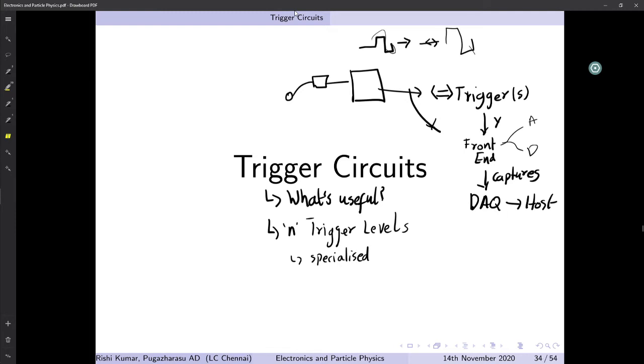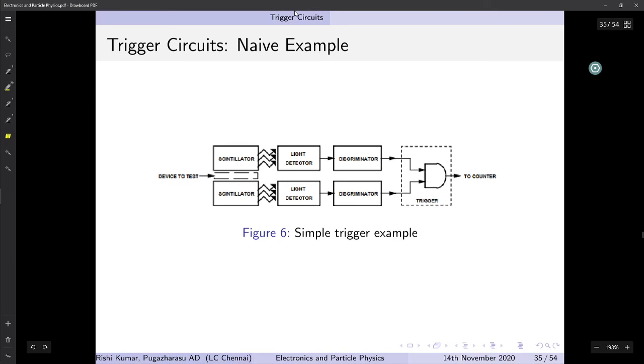So this is a simple example. You go to the scintillator. The scintillator gives off light, and the light detector here is either a silicon-based photomultiplier or just a bunch of photomultiplier tubes. This then goes to the discriminator, which acts as a limiter. It cuts off, so this tells us exactly what frequency of light, for example, is necessary.